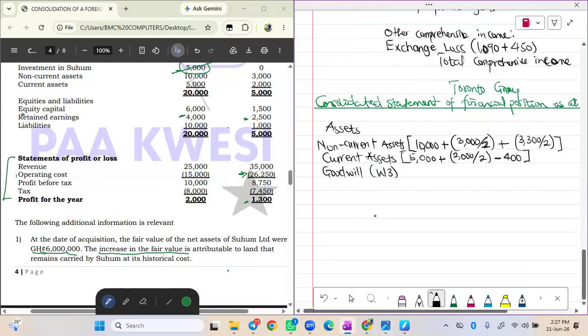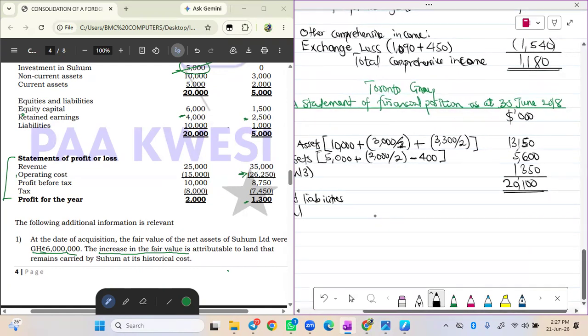So we move on to the equity and liabilities. We have equity capital the same as our share capital. We don't have any share exchange, that was not recorded. So record the parent's equity capital, 6,000.